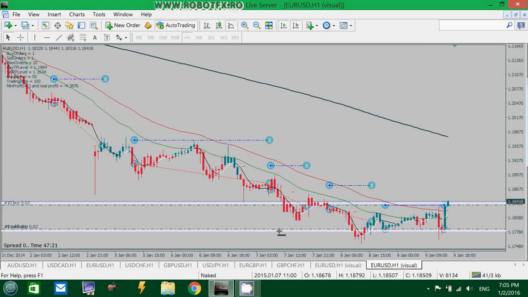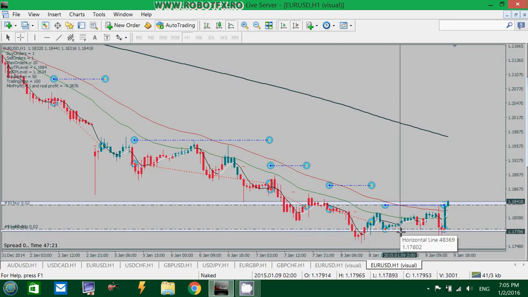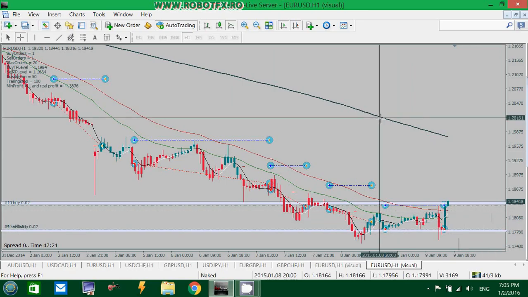So now basically the expert advisor will keep opening buys here on the upper line and sells on the lower line, and this will be the recovery area, the recovery zone.